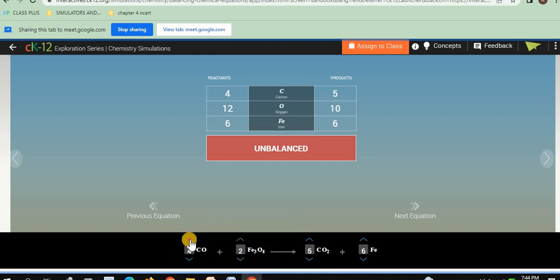So first we will balance carbon. Carbon balanced now. Now how many oxygen in the right hand side? 10. So this is not balanced. Then what to do? Sir, 4 CO and 4 CO2 and 3 Fe. So it means we have done wrong. We have to go back.